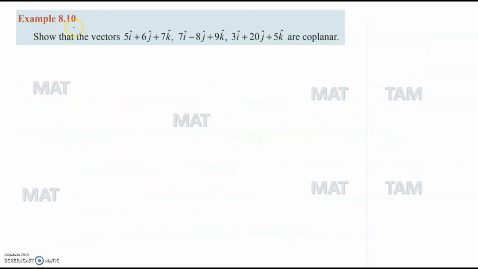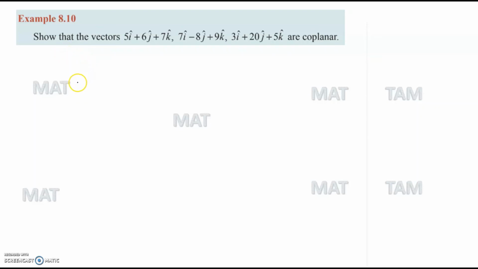Example 8.10. Show that the vectors 5i cap plus 6j cap plus 7k cap, 7i cap minus 8j cap plus 9k cap, 3i cap plus 20j cap plus 5k cap are coplanar. To prove this, we have to show one vector as a linear combination of the other two vectors.